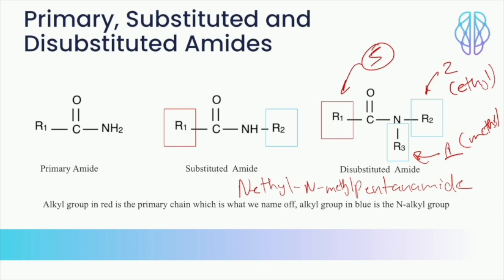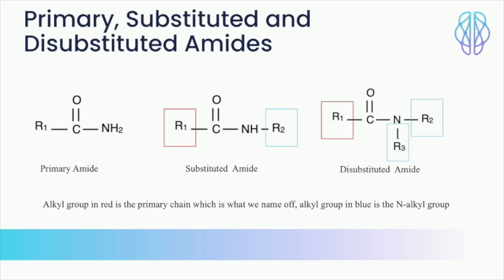And that's kind of what we're saying down here. So the primary alkyl group is in red, and that's on the C double bond O side, and that's essentially what you use as the building blocks to naming it. And every other alkyl group, you stick an N dash and then the prefix of that alkyl group, signifying how long it is, and then you latch on the rest of the name.